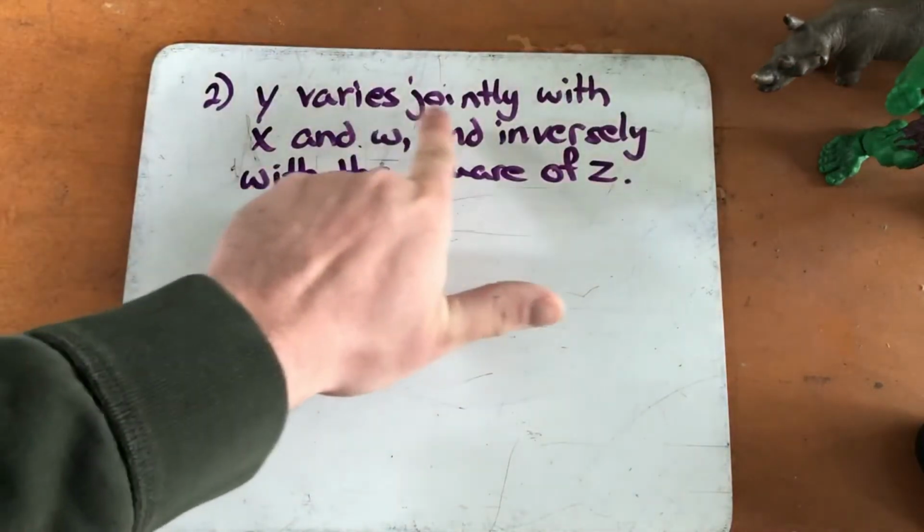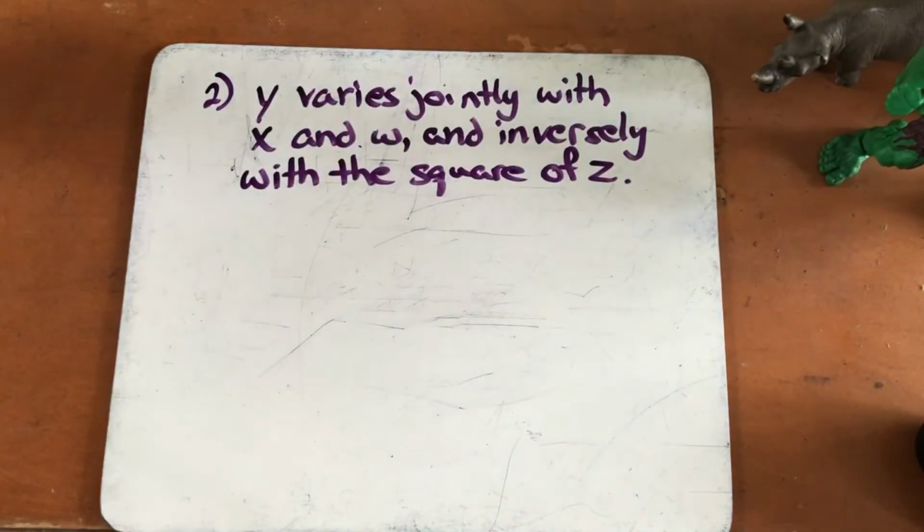Now, varies jointly, this is the first time we've seen that, but all that tells us is that y varies directly with both x and w.